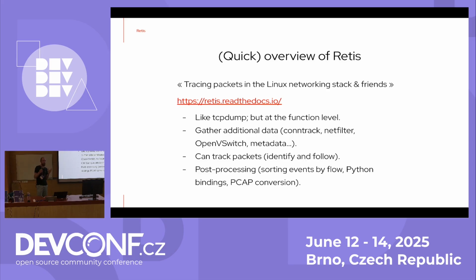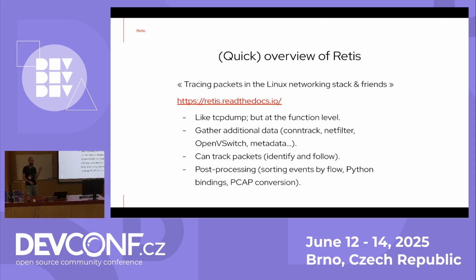In addition to that, it will also gather contextual information, whether from the data path or the control path, so that you can have a better picture of what's happening. Because it's at the function level, if you probe too many functions, you'll see the same packets multiple times.